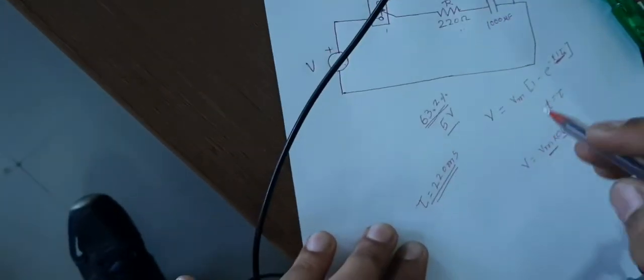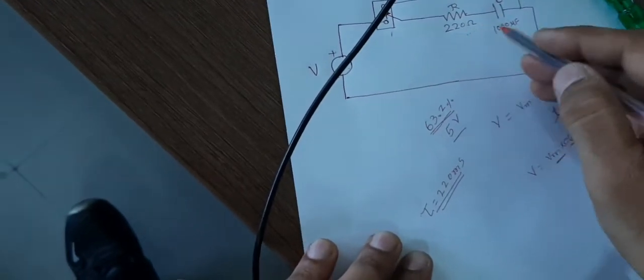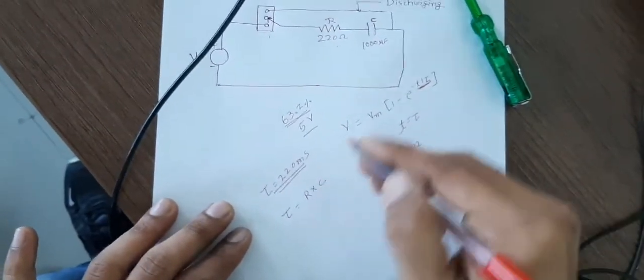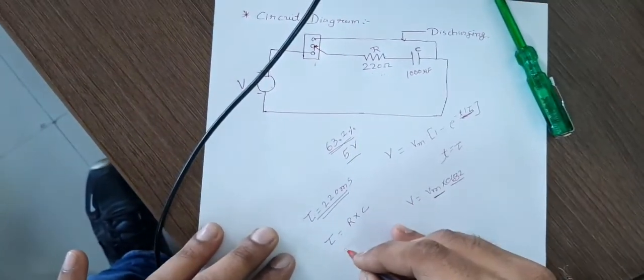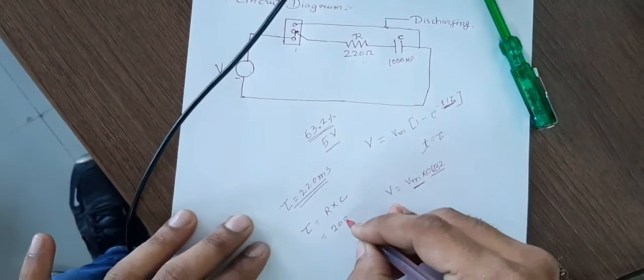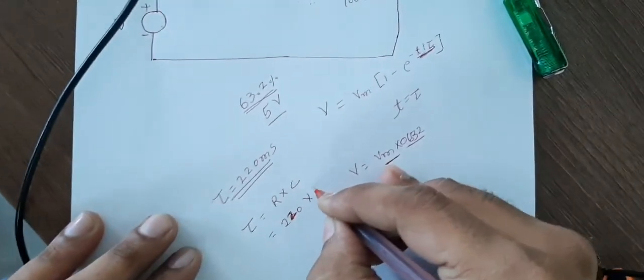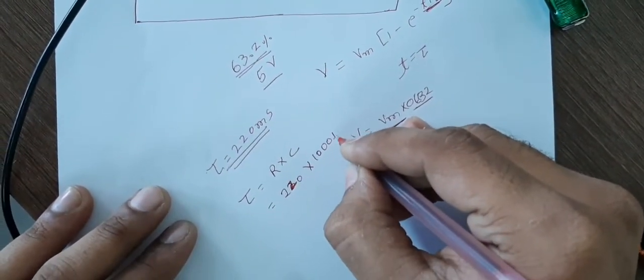Now we'll verify this tau. As we know, in an RC circuit tau equals R into C. That means we have the resistance of 220 ohm, and the capacitance is 1000 microfarad.